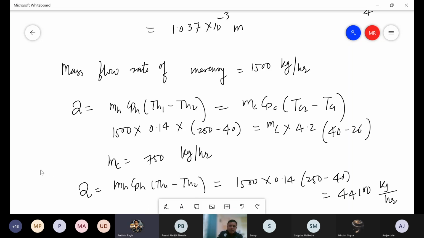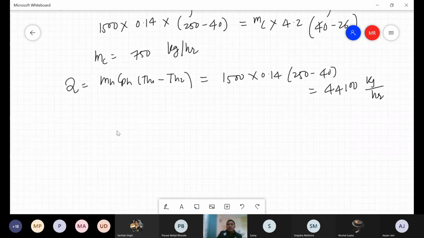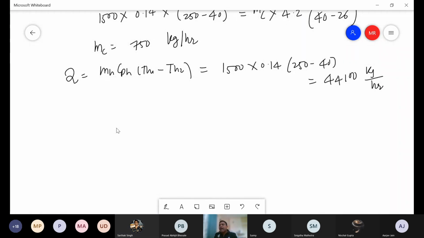Yes, sir. Okay. Now, so far we have looked at both the terms. We have looked at how much heat is lost by the hot fluid, which we equated to the heat gained by the cold fluid, and based on that we calculated the mass flow rate of the water, and mass flow rate of the mercury is already given.